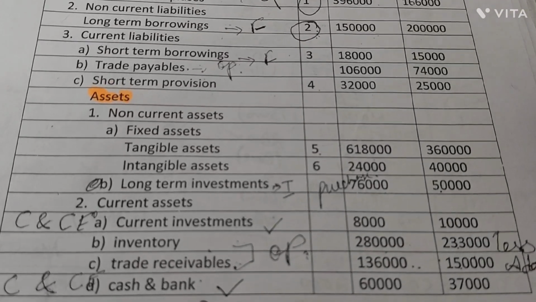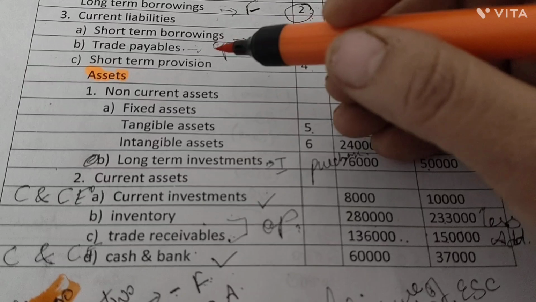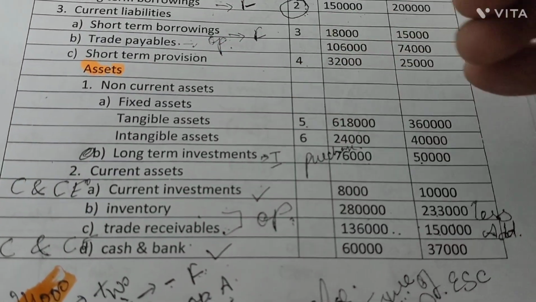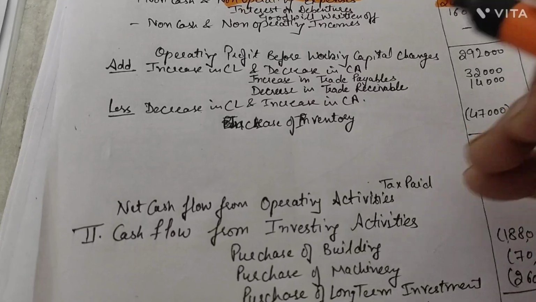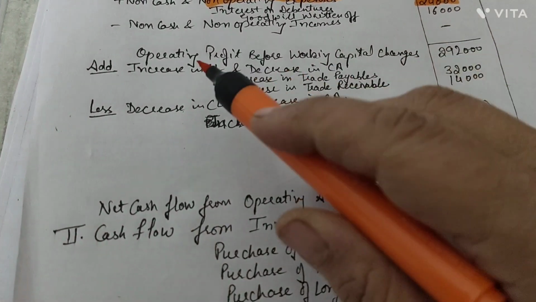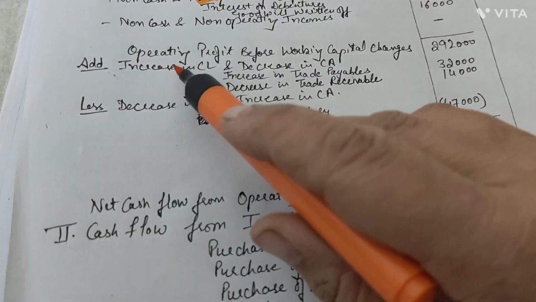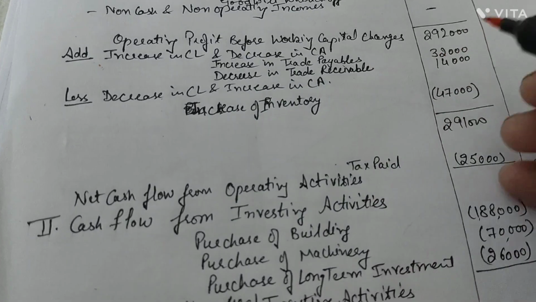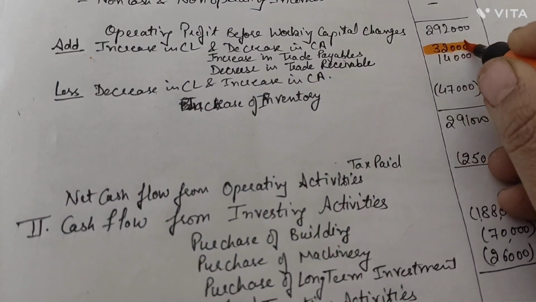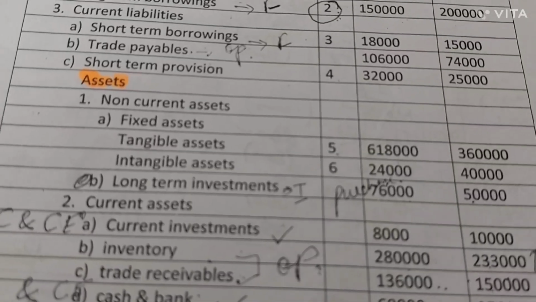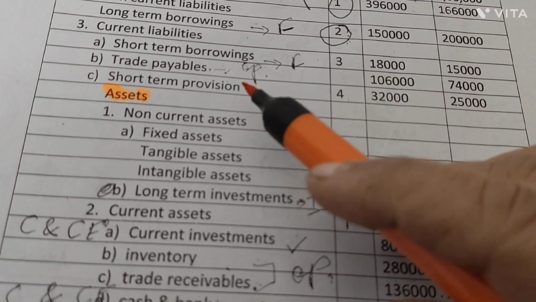Okay. Now the next, after borrowings, is trade payables. Trade payables are to go in which activity? Operating activity. There was an increase in our trade payables. So an increase in trade payables is taken to add. I have told you an increase in current liability is added, with the difference of rupees 32,000 here. Okay. The next we had was short-term provision.